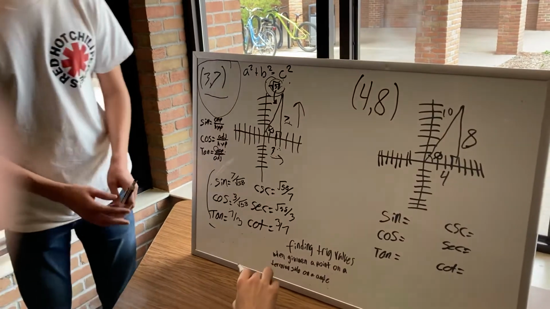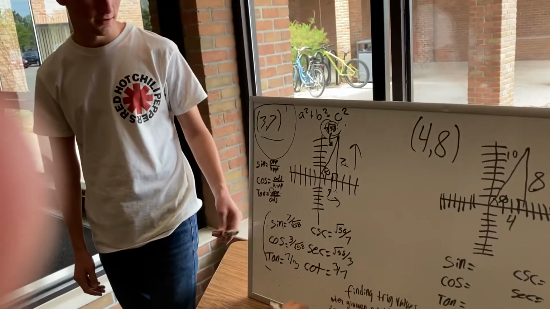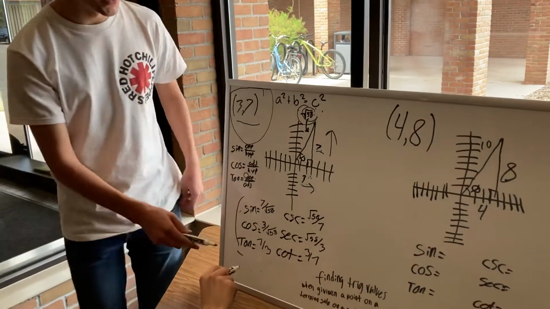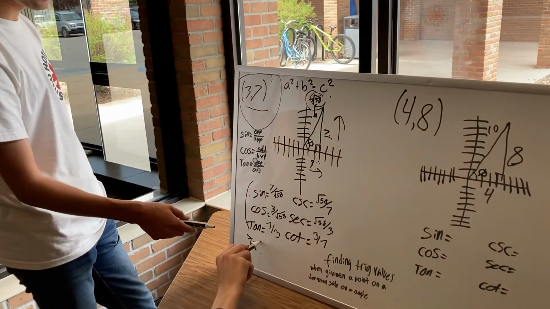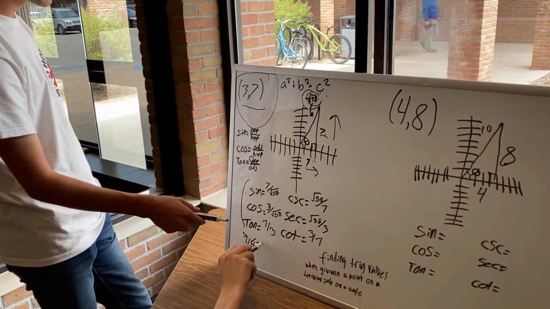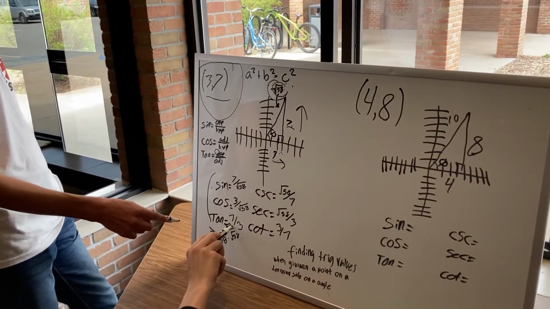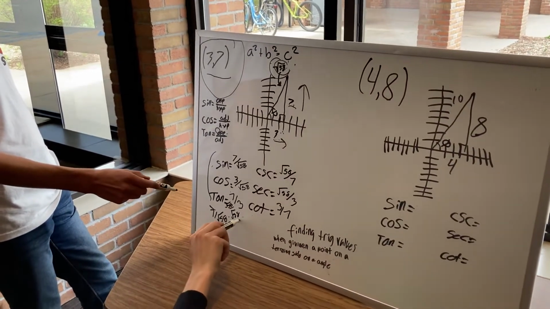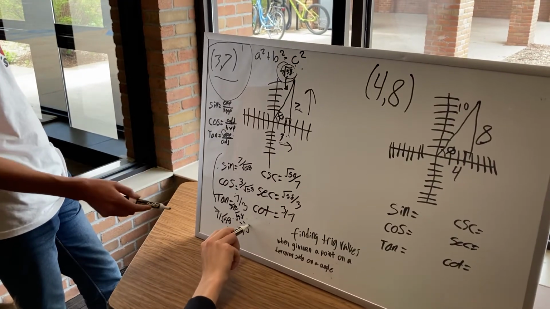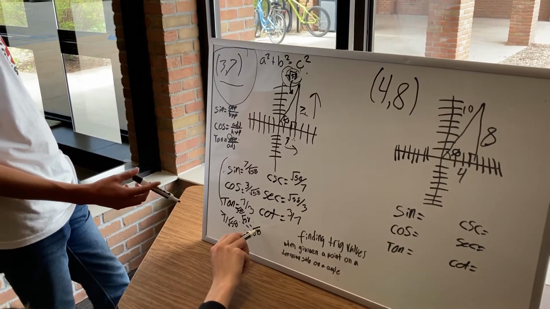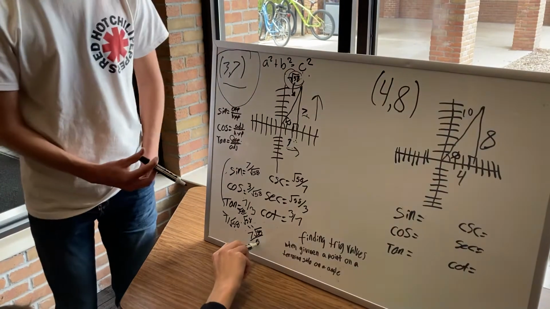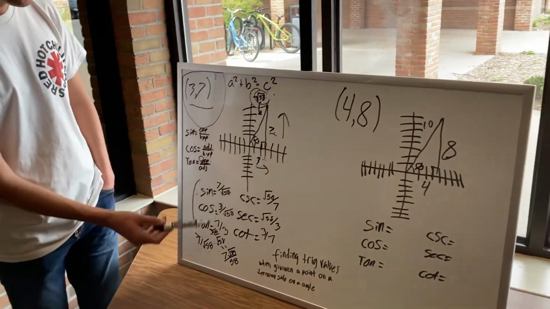Beautiful. Now, we can simplify this sine and the cosine by getting 7 over the square root of 58 times the square root of 58 over the square root of 58. Beautiful.